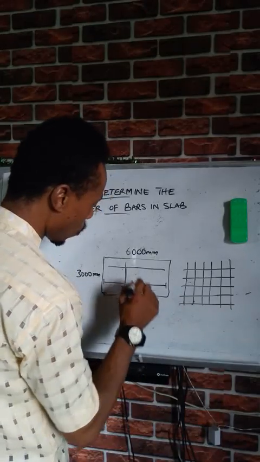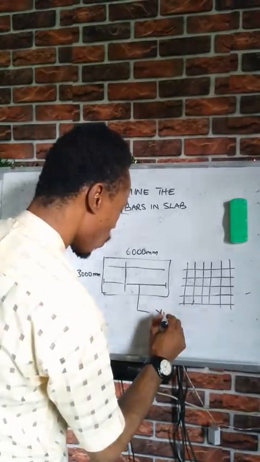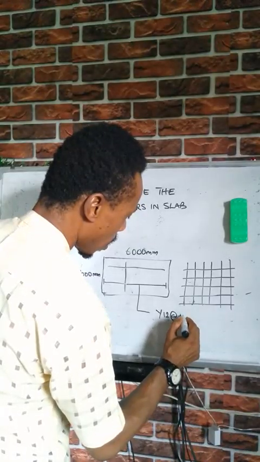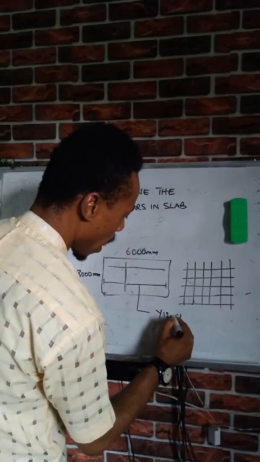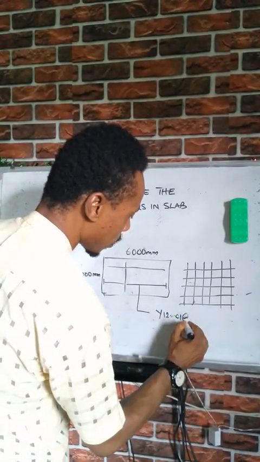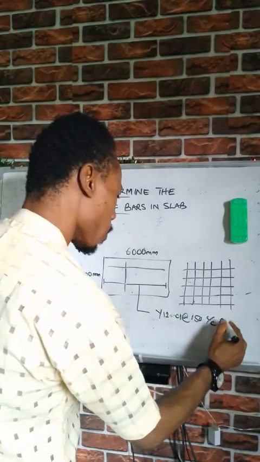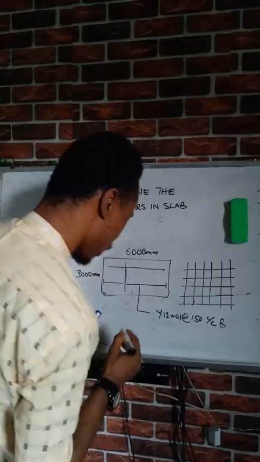We can have Y12, bar mark 01, at 150 center to center bottom. We can have it in this format.